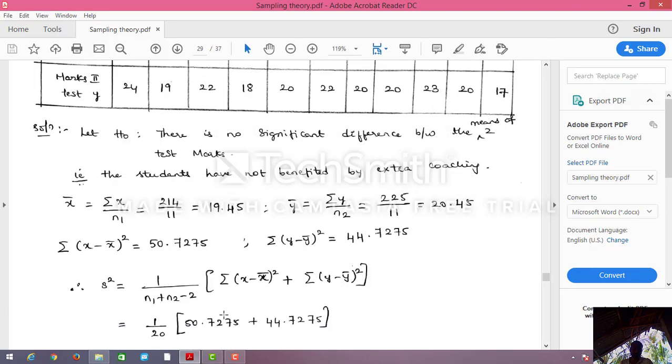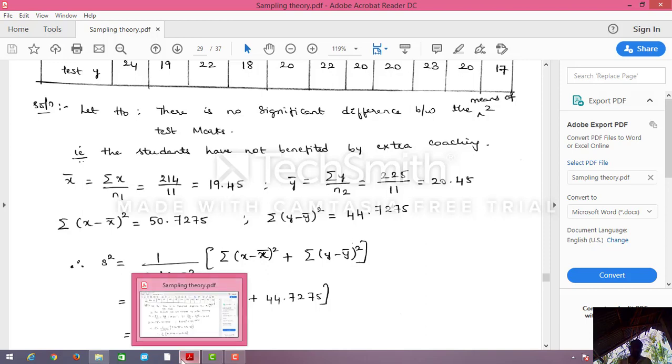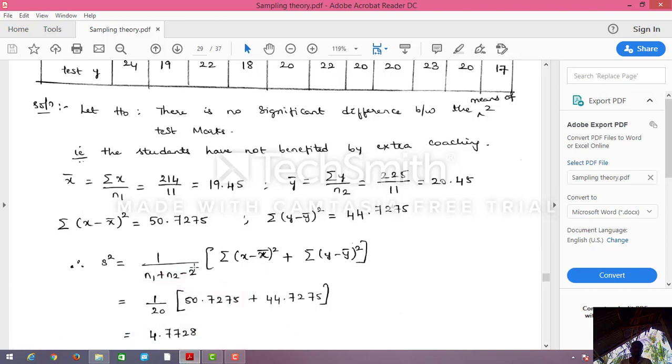Now I'll use the formula. What is that? S square equals 1 divided by n1 plus n2 minus 2, into summation of x minus x bar whole square plus summation of y minus y bar whole square. Here n1 is 11, n2 is 11. 11 plus 11 is 22, 22 minus 2 is 20. The x minus x bar whole square value is 50.7275 plus 44.7275.